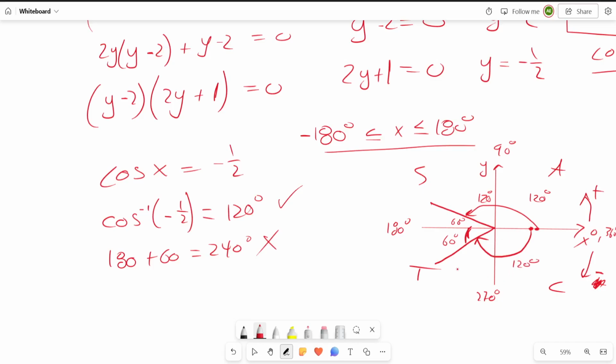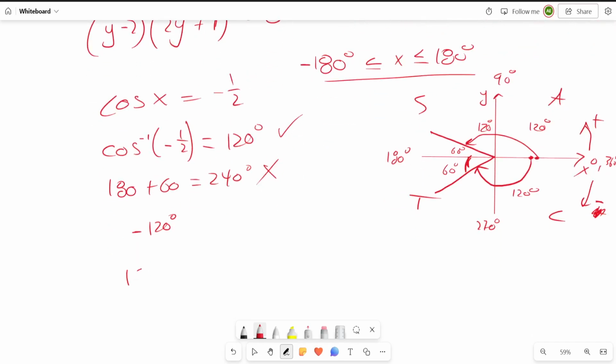And I moved clockwise, so my next answer is negative 120 degrees. So my answers for this question are going to be 120 degrees and negative 120 degrees. If I tried moving clockwise further to get the next solution, I will find that I will exceed my minus 180 degrees. This is going to be minus 240, so I'm outside of my range, so I will disregard.